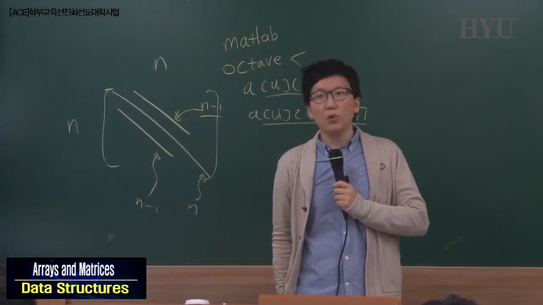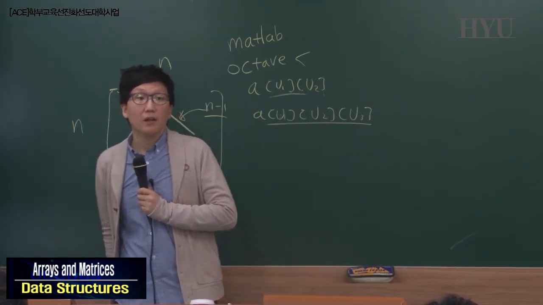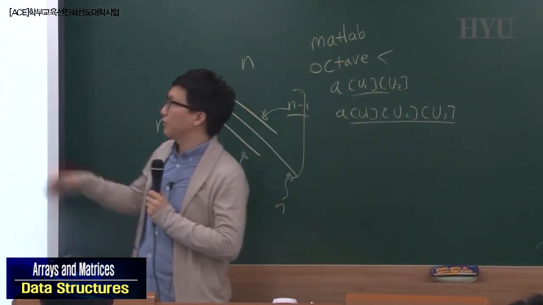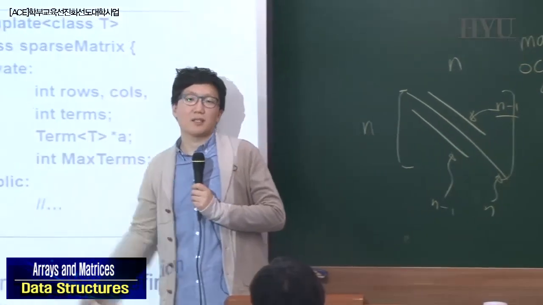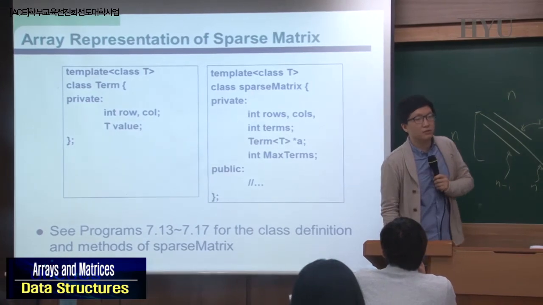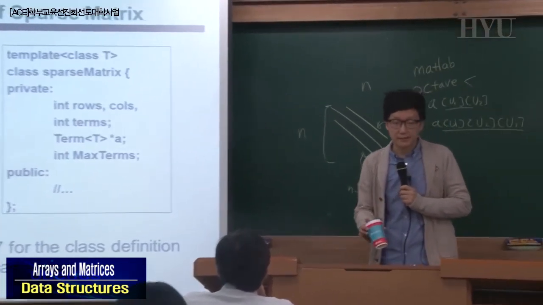Again, this is not the only solution. This is one of the suggestions they can do. You could choose to do other ways. If you do this in C, maybe you don't even need this template. You just simply need a structure. Doesn't really matter. So just take a look for your references.